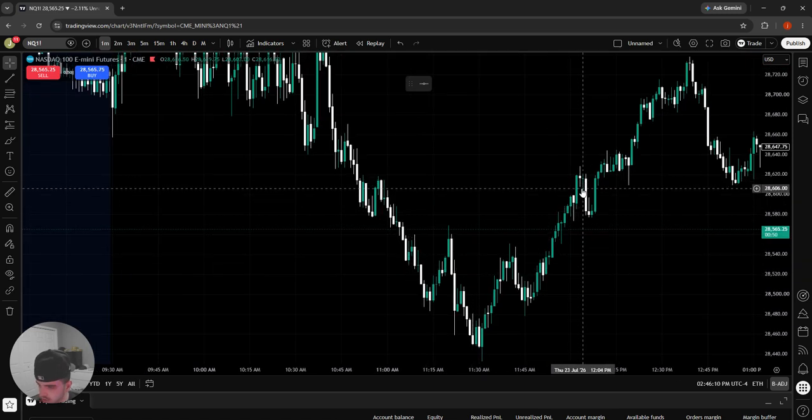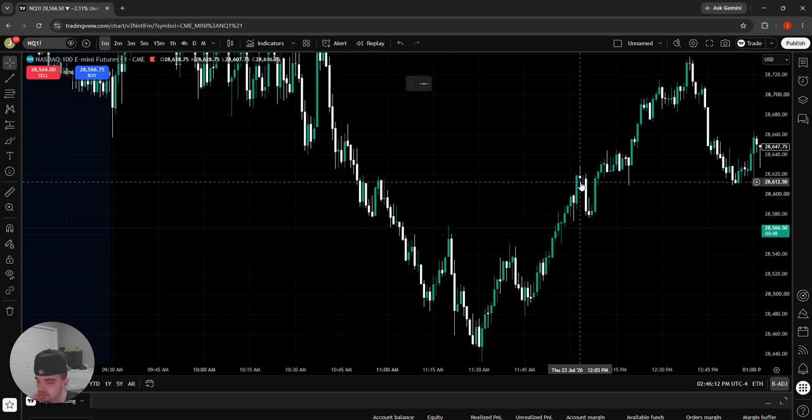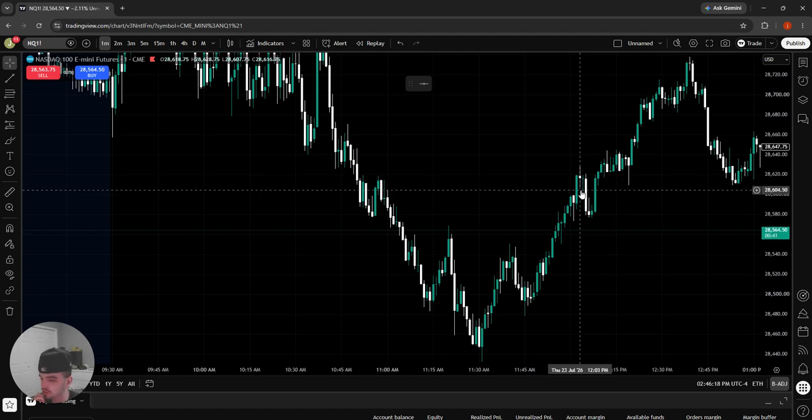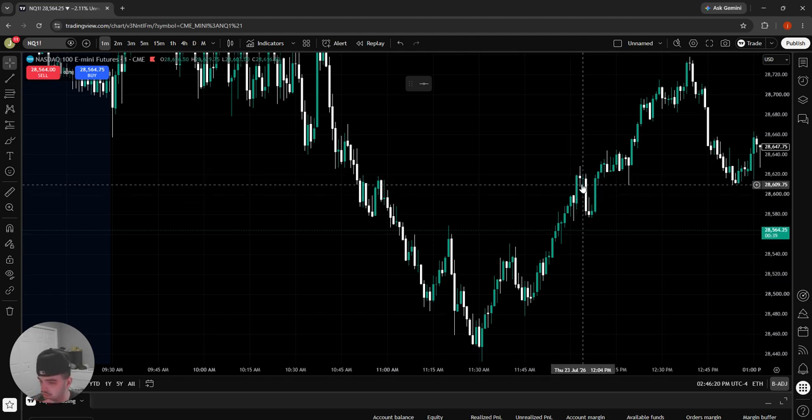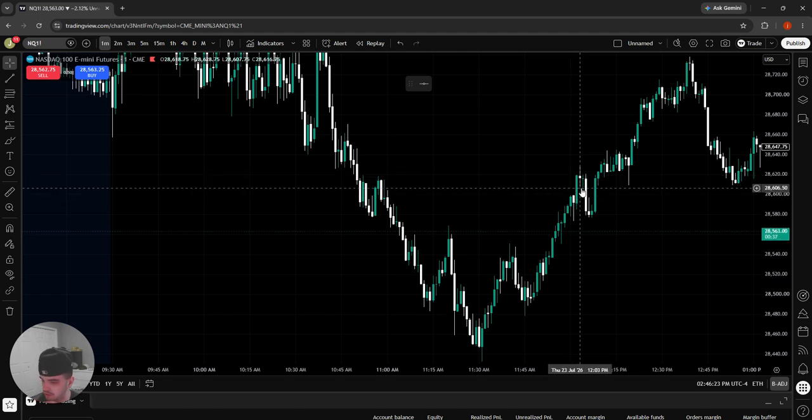Like this right here is called a doji candle. You'll see this candle a lot for rebalance candles or candles after we sweep draws on liquidity.